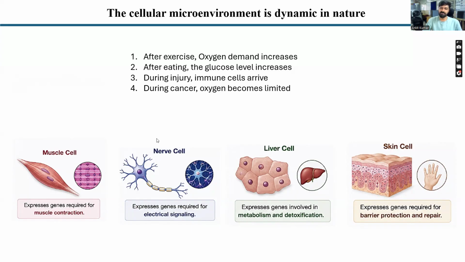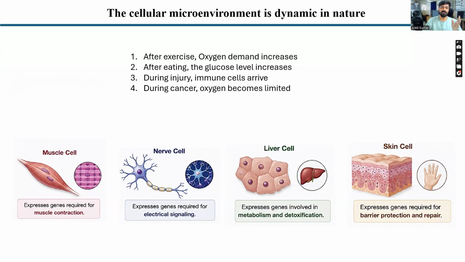So if you see all of the cells in all of these tissues, they have the same genetic information, that means they have the same DNA, right? But their surroundings make them work differently. All of these cells have the same DNA, but they are not showing the same gene expression. They are showing different gene expression for the different requirements.